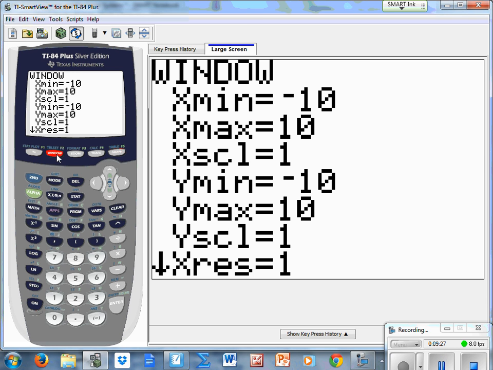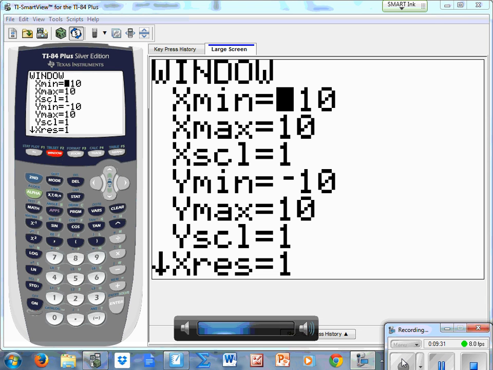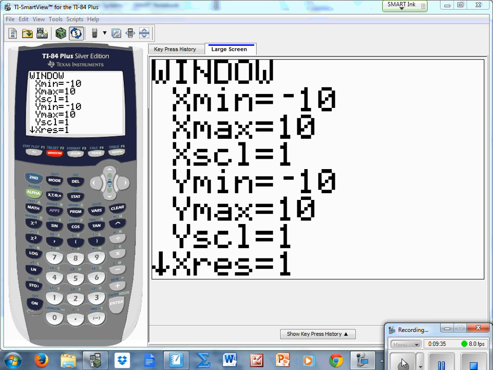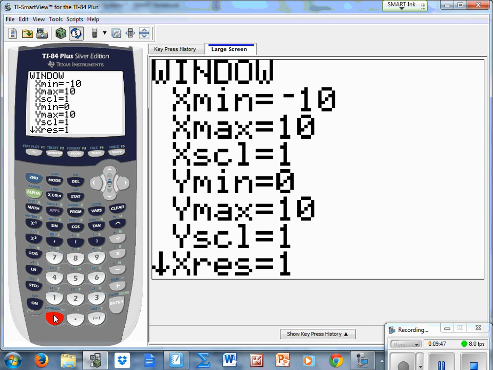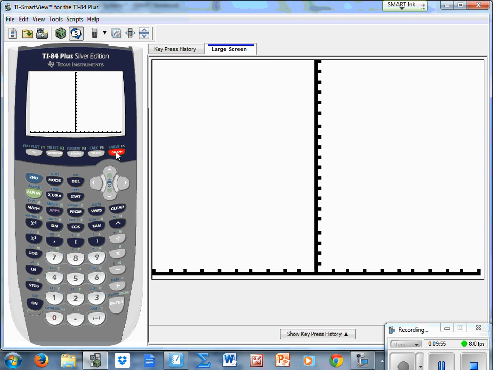So I'm setting my window here. I'm just changing my y-axis because I couldn't see the top part of my graph. So I'm going to set the minimum down to 0 because nothing was down around 0, but I'm also going to change my maximum to something more like 20. And we'll see if we can see everything there.